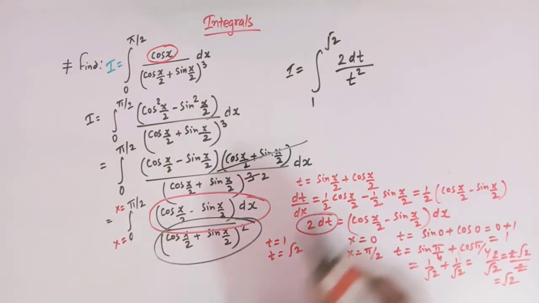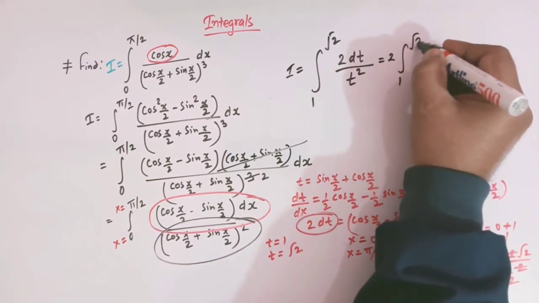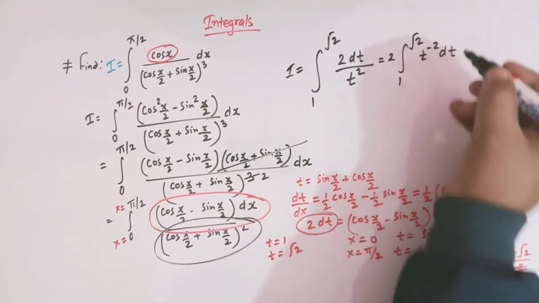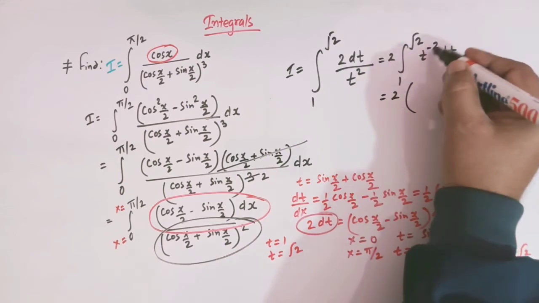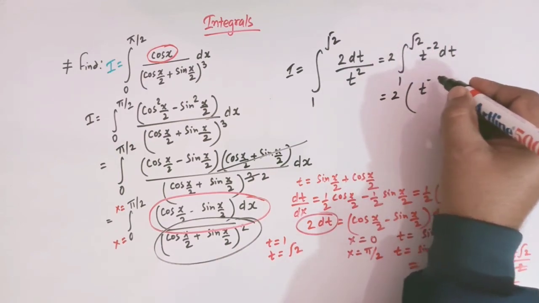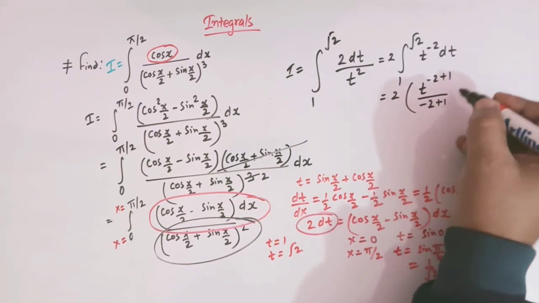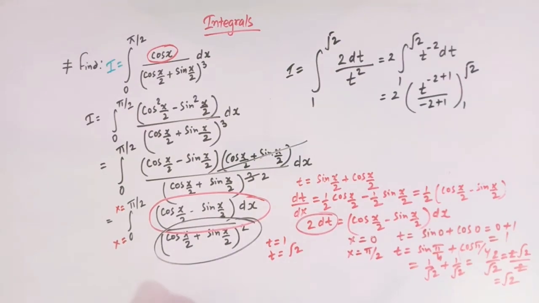Okay, so now we can take 2 outside, so we have 1 to square root of 2 and t raised to minus 2 dt, right? And the integral of t raised to minus 2 is t raised to minus 2 plus 1 over minus 2 plus 1, and the limits are from 1 to square root of 2, right?